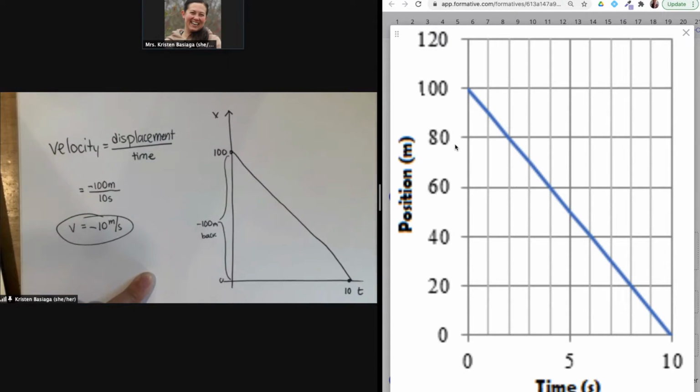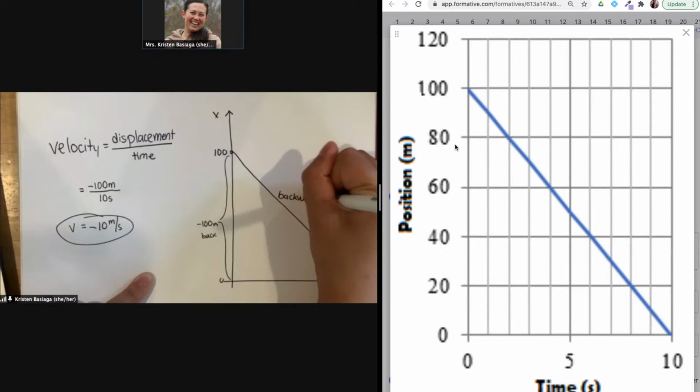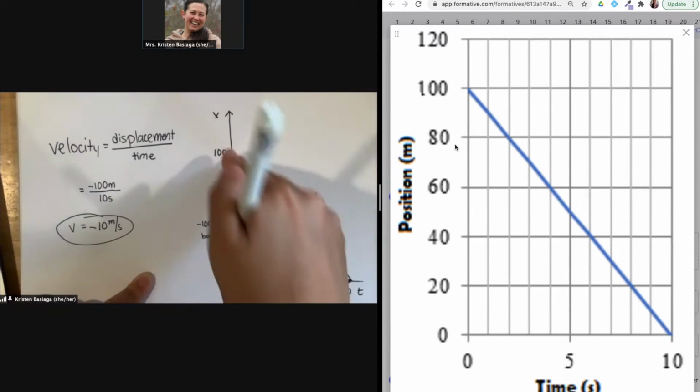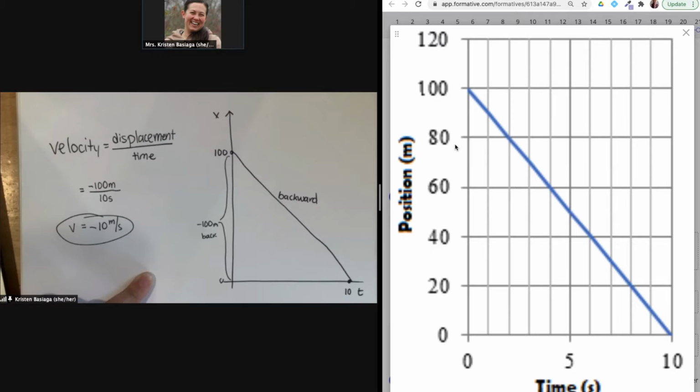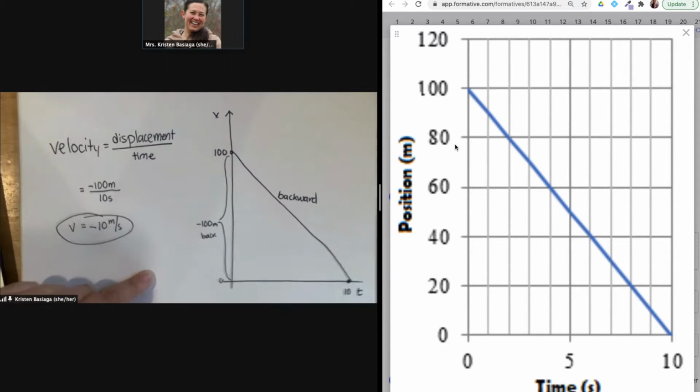I can tell from the graph that this velocity is negative because this downward slope means it's traveling backward. That constant slope tells me something else too. It tells me it is not accelerating. Remember that having a curved graph indicates acceleration as positive or negative.